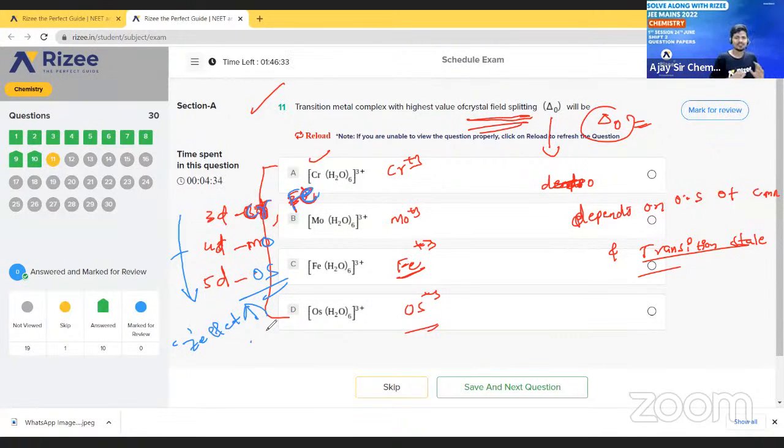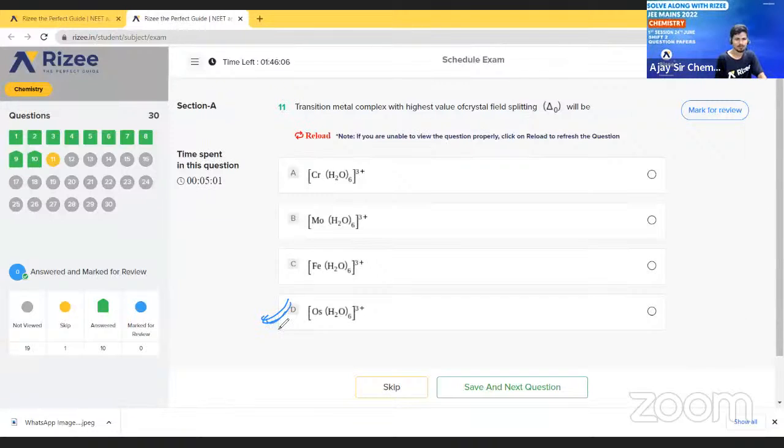That's why crystal field splitting is going to increase. We need not go with the formula; we can do it with this simple trick. These are NCERT lines. Option D is the correct option, because this coordination compound belongs to the 5D series transition central metal ion.